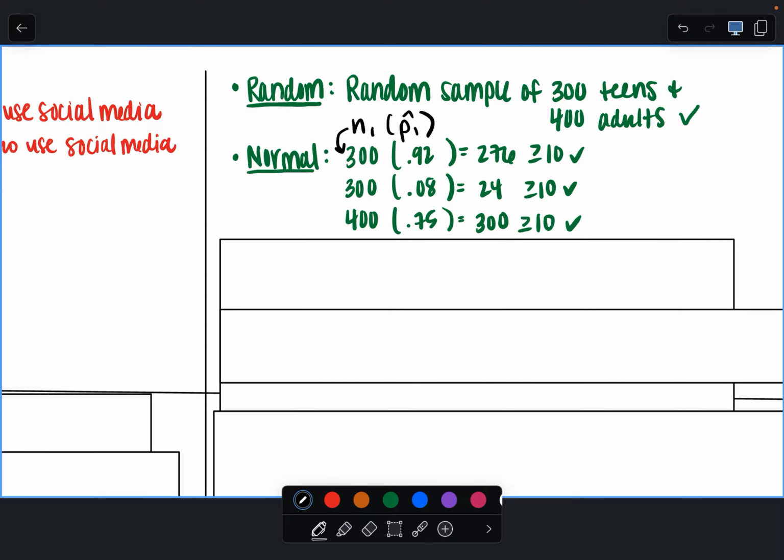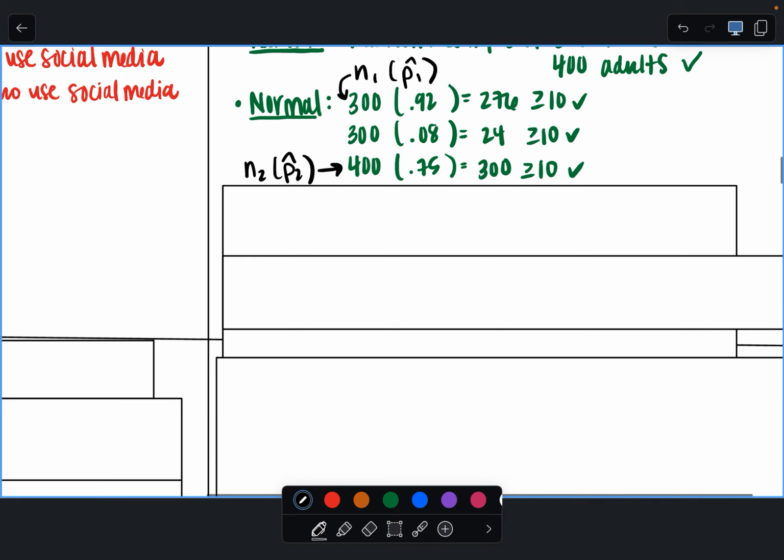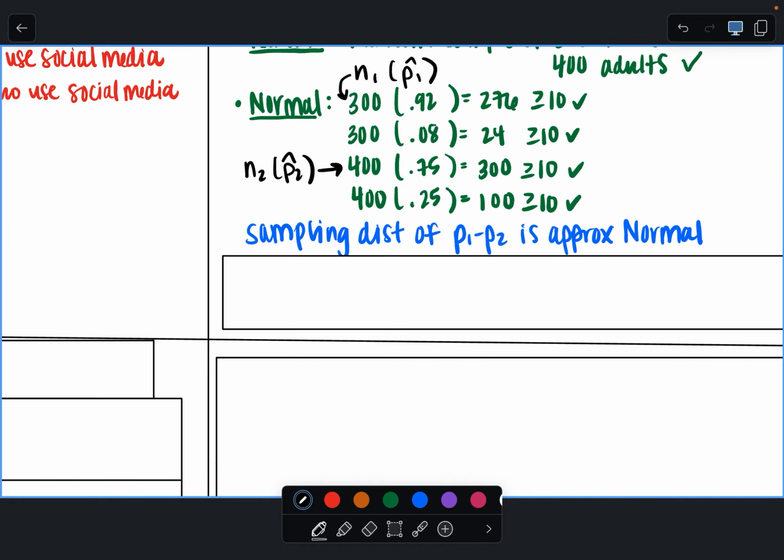So this calculation is actually N2, lowercase 2, N2 times P2 hat, and that is what's giving me this 300. So I have 300, which is bigger than 10, and then I do 0.25, which is bigger than 10, and so I get my sampling distribution is approximately normal. Can we still say the sample mean? Yes.